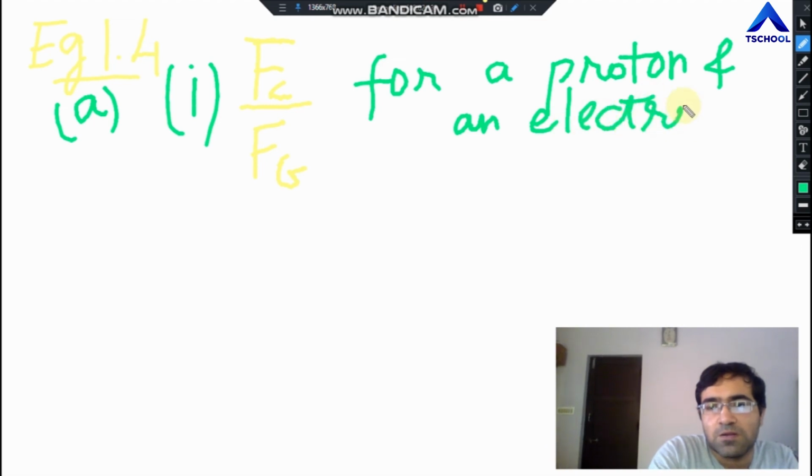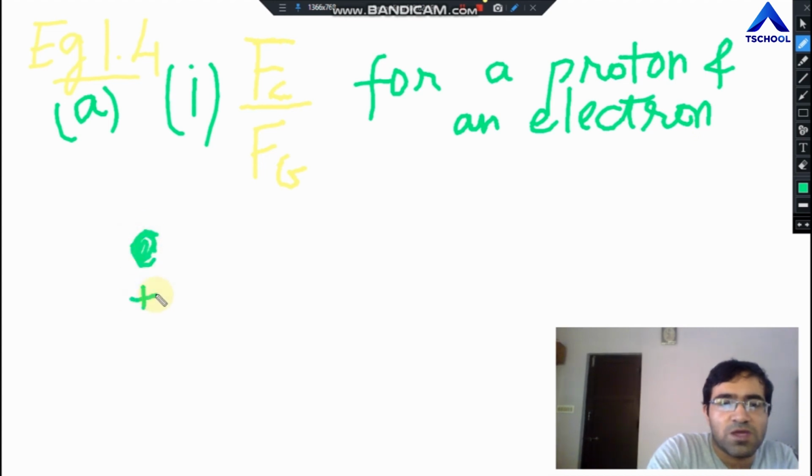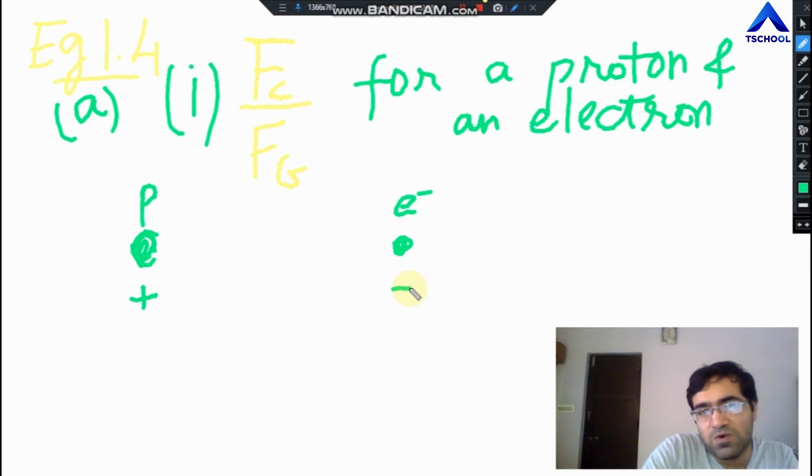What this means is that you have, okay, a proton here, P, and here is an electron, negative. You have to find what is the ratio of Fc, that is Coulombian force, and the gravitational force between these two point charges. Okay, so the idea is fairly simple.